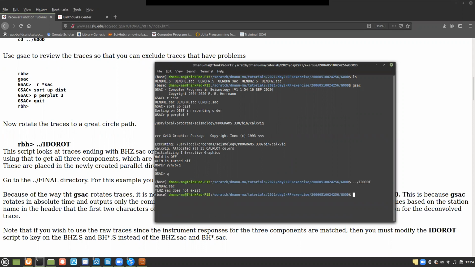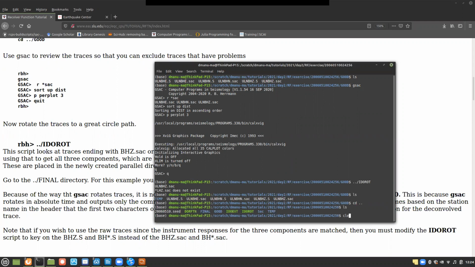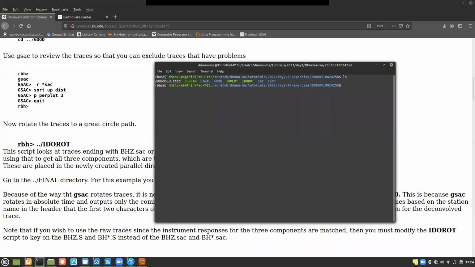Okay, so it does a rotation, and then it asks you to go to the final directory. Each step it creates some new directories with just Linux commands, so that's not really processing, that's just file keeping.